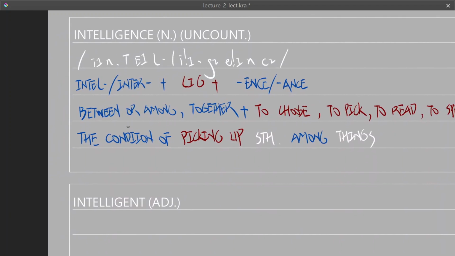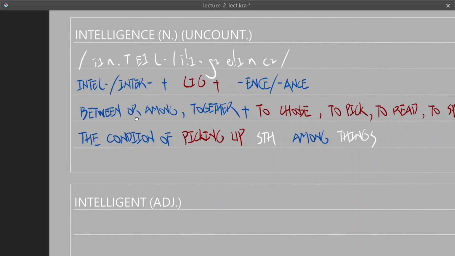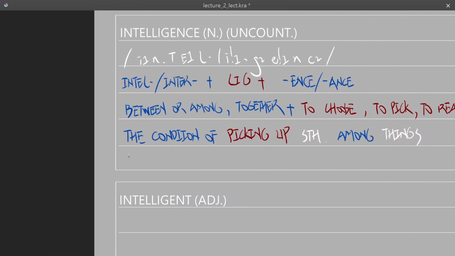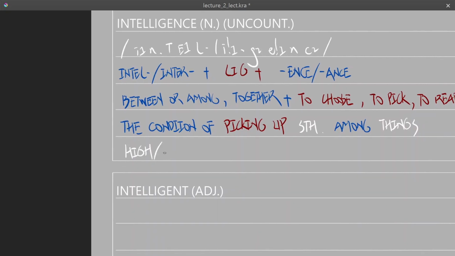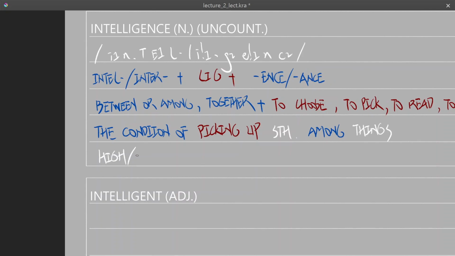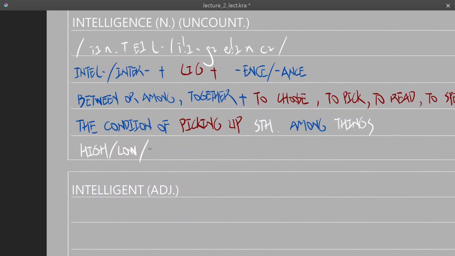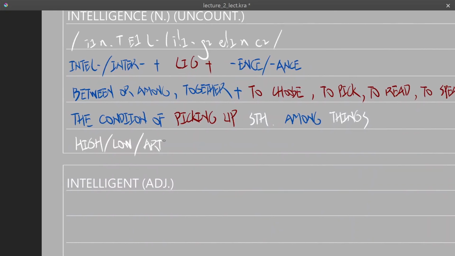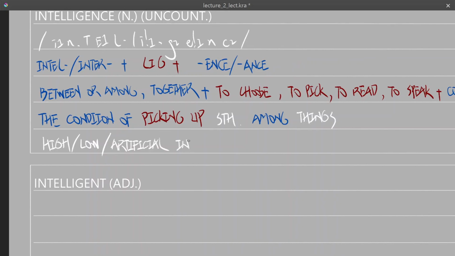And we have common collocations, common phrases like high intelligence. Someone has high intelligence, and in contrast, someone may have low intelligence. Or we have artificial intelligence, like robotic arms.